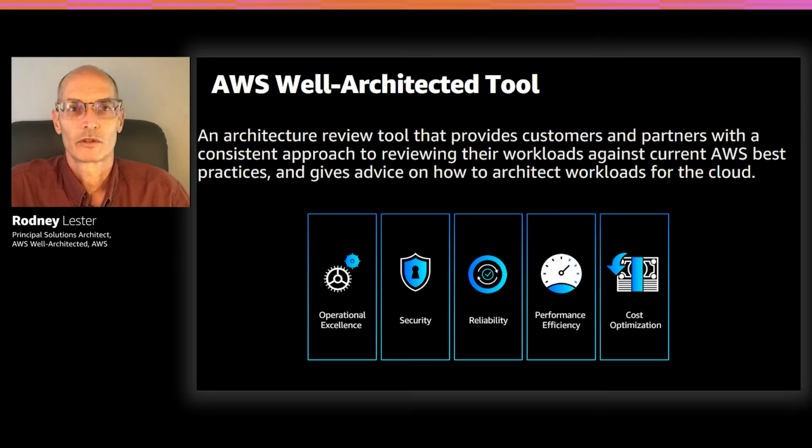Originally, it was just an internal set of questions and answers that we used, and we published a public white paper in 2015. We created internal tooling to help us evaluate consistently with customers. But in order to scale it out to all our customers, we published it as a self-service tool.